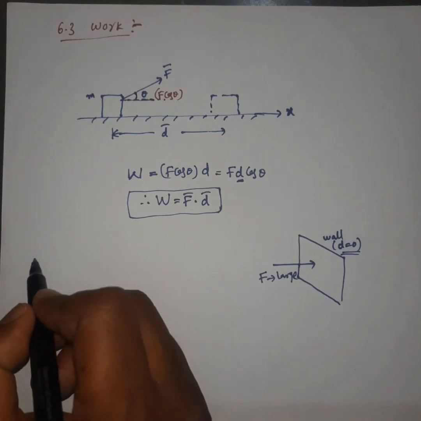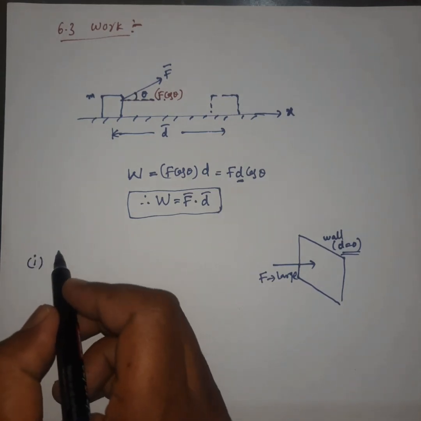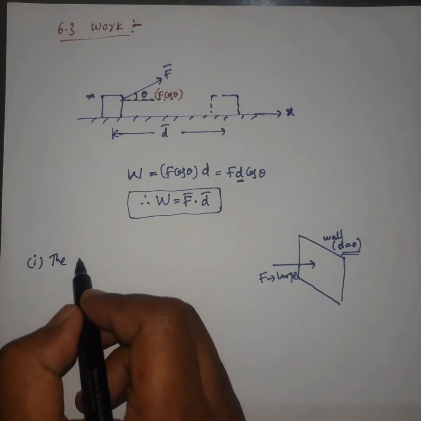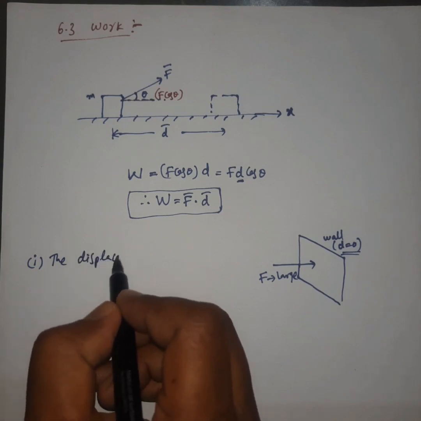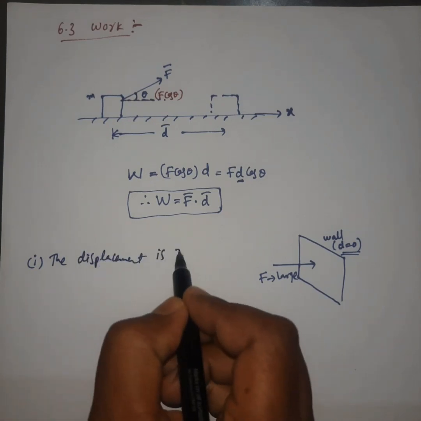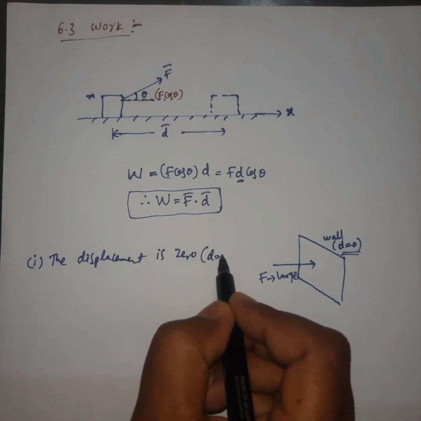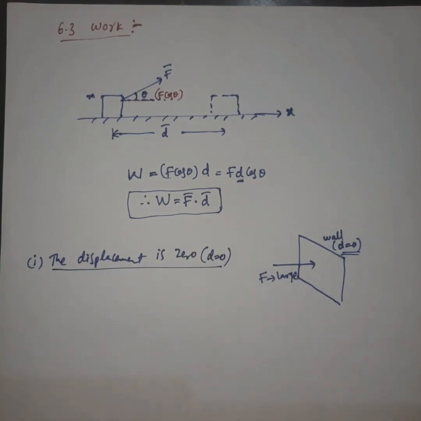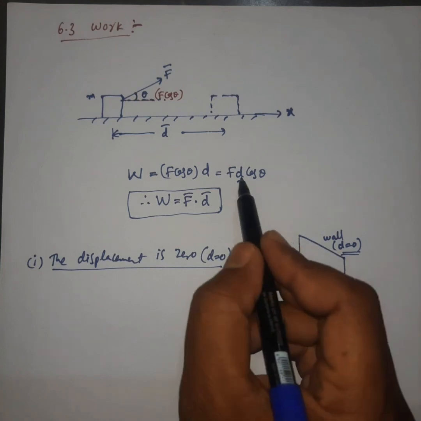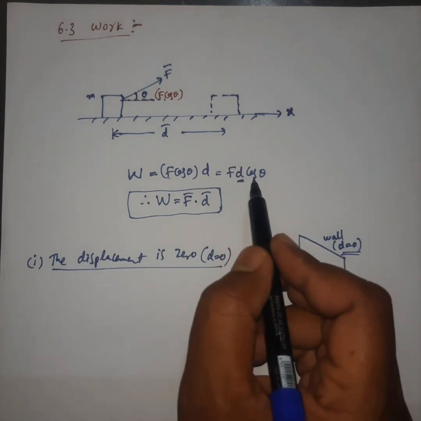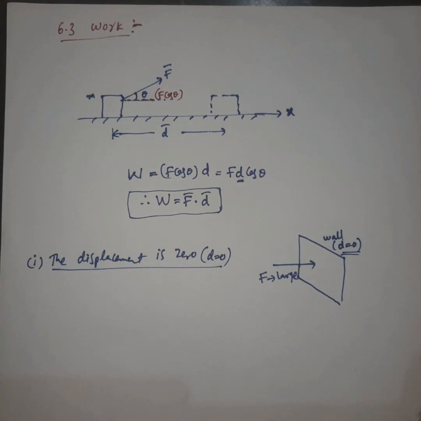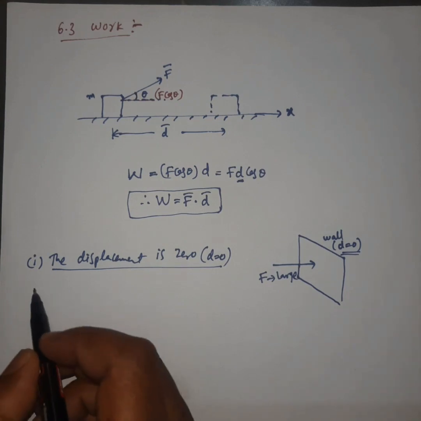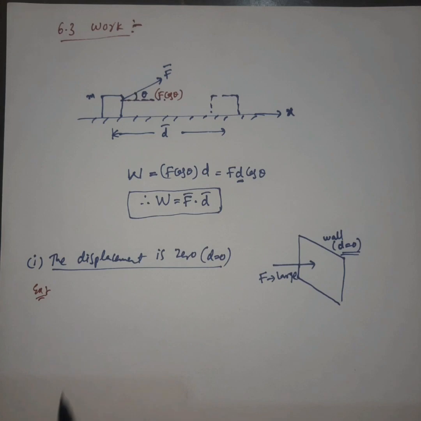Let us discuss. In the first case, the displacement is 0. Displacement is 0, so 0 into something is 0, and work done is 0. Here I am taking an example: a weightlifter holding a 150 kg mass on his shoulder for 30 seconds.